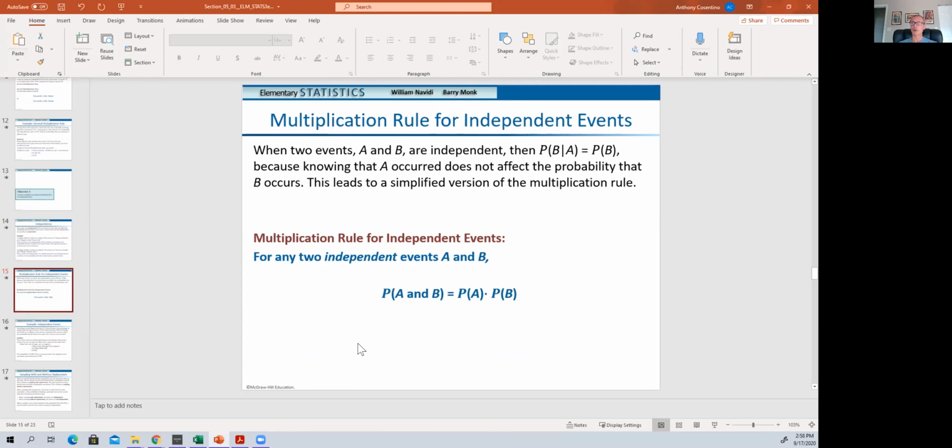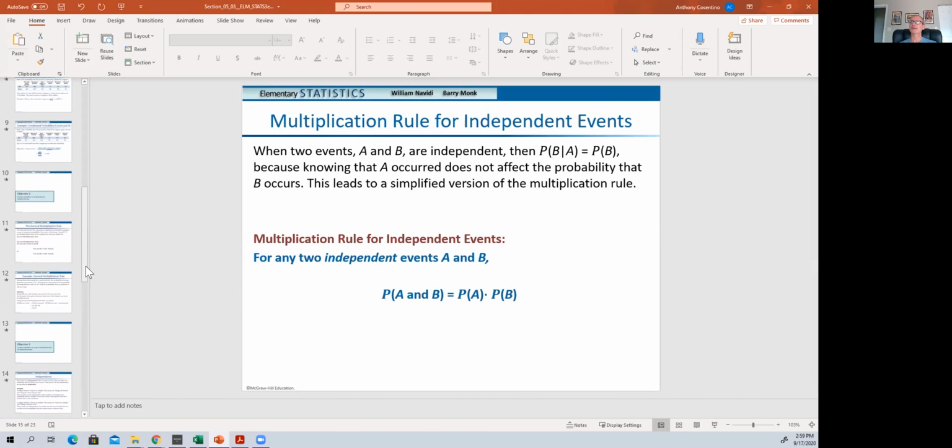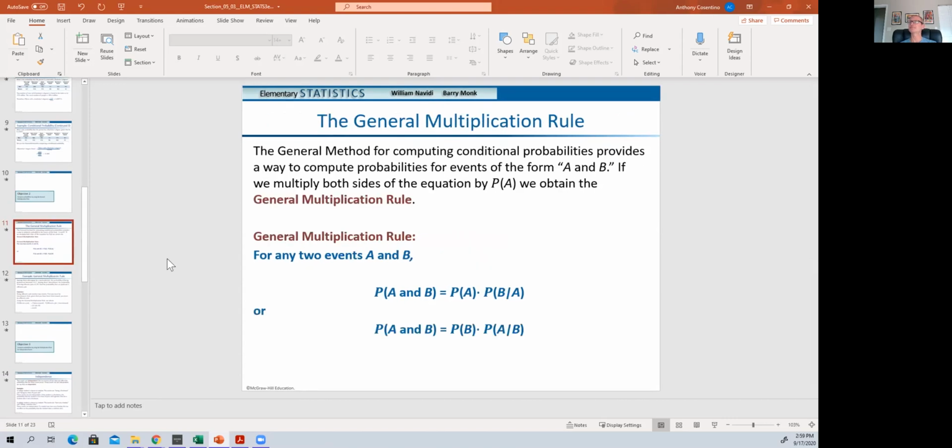If it equals the probability of each single event multiplied together, P(A) times P(B), then those two events are independent. And when you do that calculation, we'll get back to that shortly. So I'd like to do that definition first, and then I'd like to come back to this one.